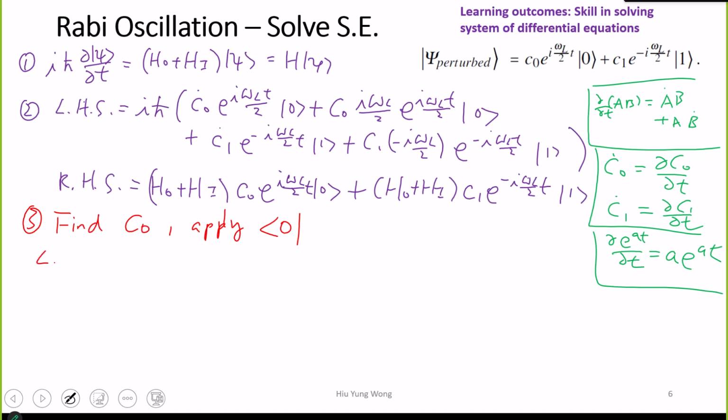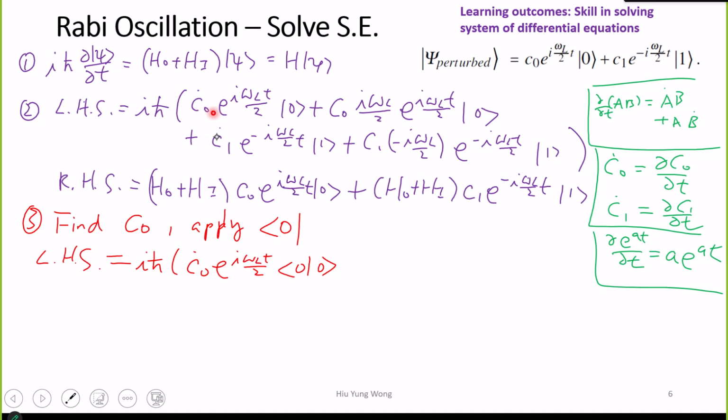So I apply the inner product, then what will happen? Then I look at the left-hand side again. When I apply the inner product, all of them are just scalars, so I can just go in, right? When I say I just go in, I mean this. Apply the bra of 0 from left. This is a scalar. I take it out, take it out, take it out until I meet the ket. Right?